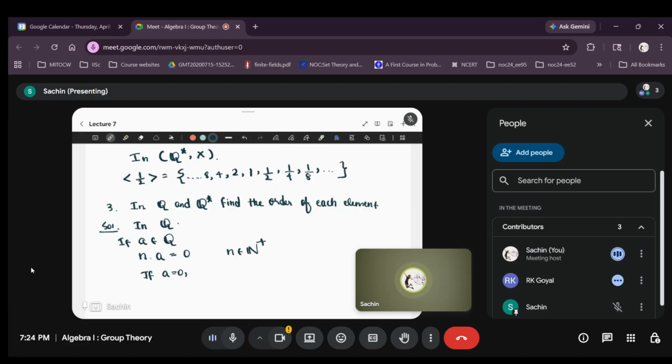If A is zero, then I can just write zero one time, right?